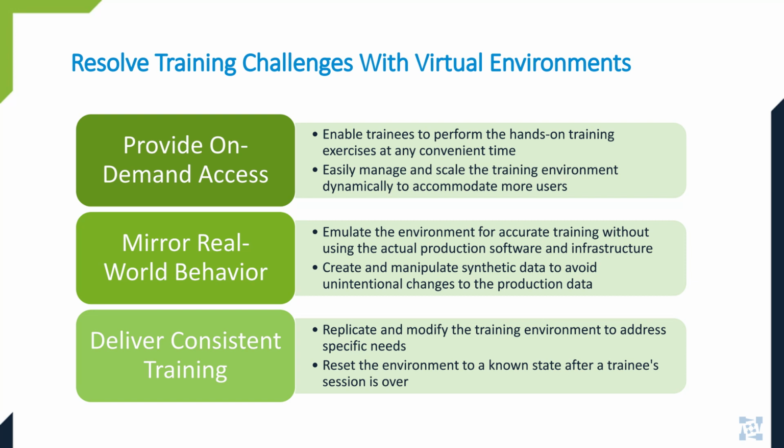So it doesn't matter if today you're training 3 or 300 people, the same environment can still handle it. We want it to mirror real-world behavior, emulating everything with accuracy without ever touching real production data or providing any sort of access to bad actors, which can come from exposing real systems or copies of real data into less secure environments like training environments.